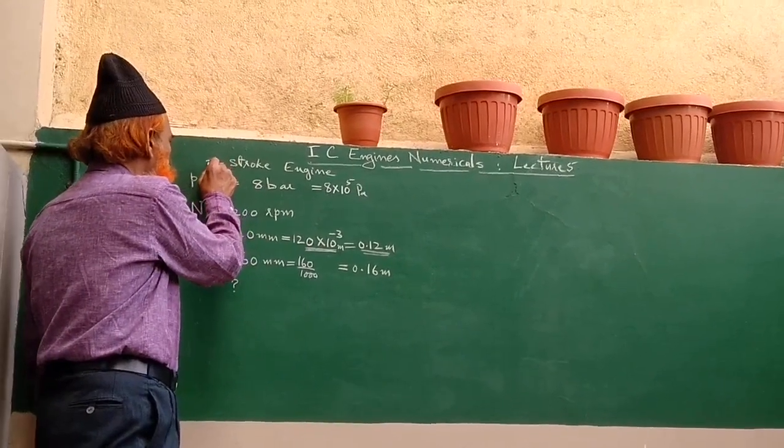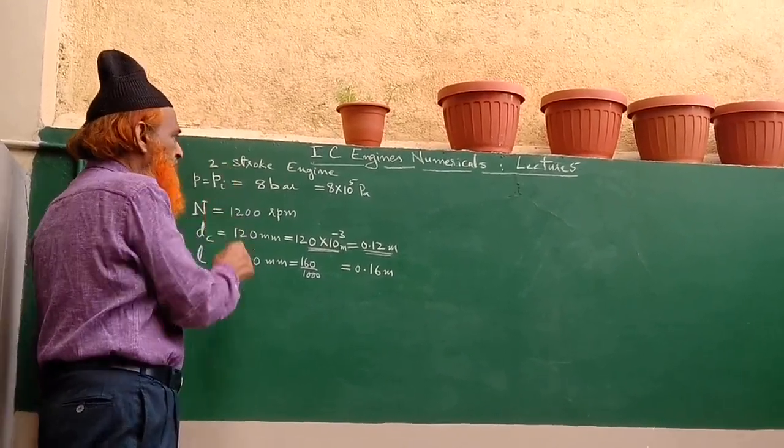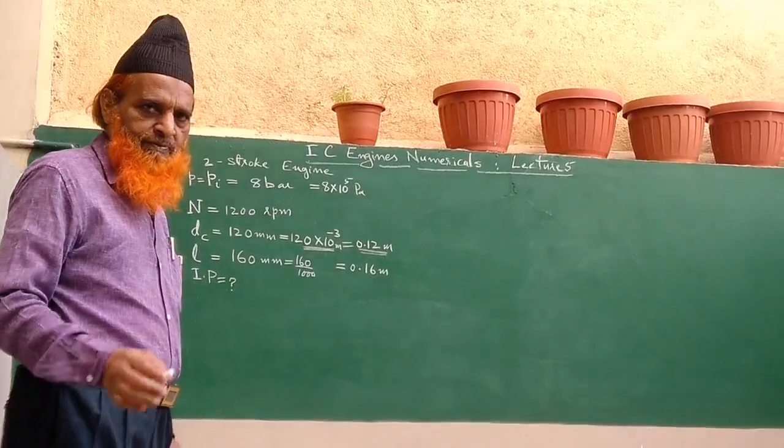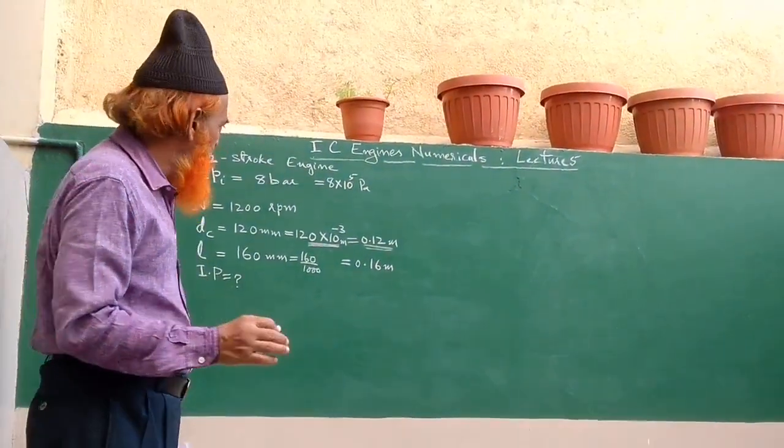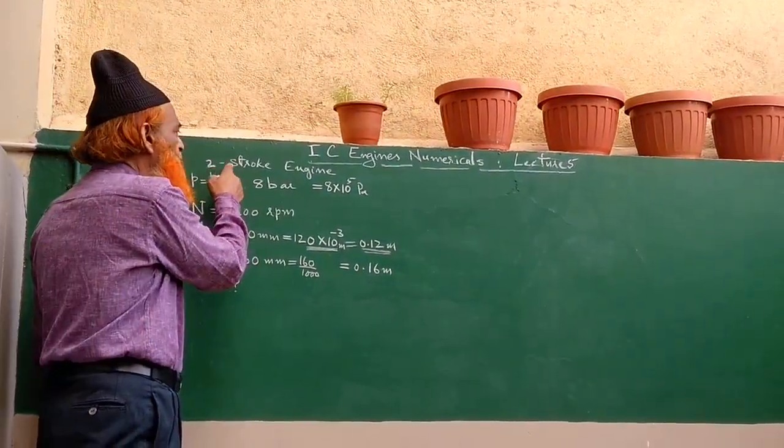Whenever you are finding the indicated power, the formula for the 2-stroke engine and for the 4-stroke engine is different. Therefore, we have to see which type of engine: 2-stroke engine.